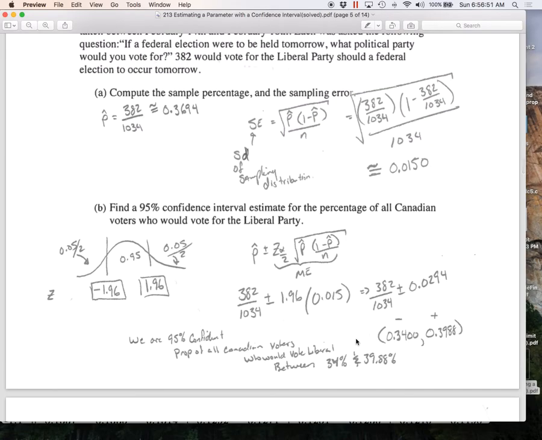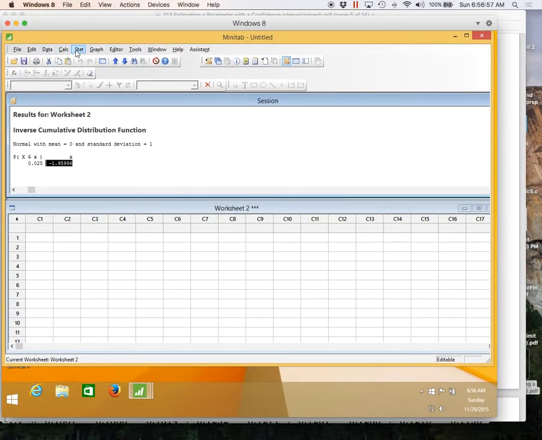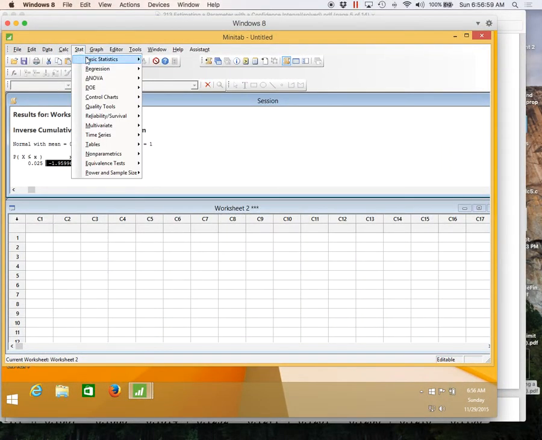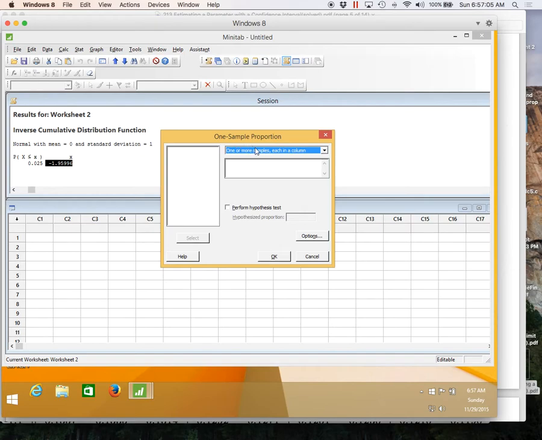Let me just quickly show you then how you could possibly do that in Minitab. Here in Minitab you can go to Stat, Basic Stats, and this is one proportion that we're talking about here. Do you have data in a column? No. What other options? I've got summarized data, yes.